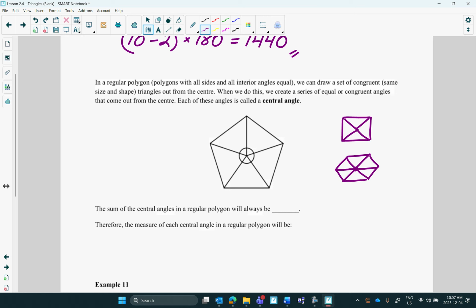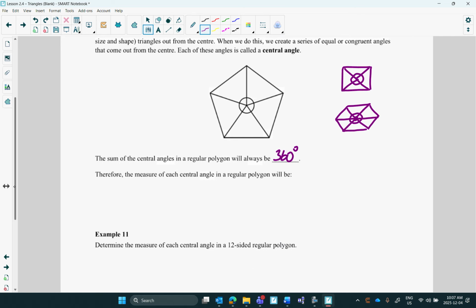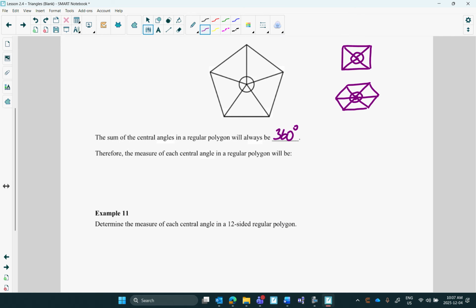And you're right, the sum of these 4 angles, or sorry, in this case, these 5 angles here, these 4 angles here, these 6 angles here, will always be 360 degrees, because it adds up to a complete circle. How do I find each one? Just divide by how many triangles there are. In which case it's 5, which happens to be the number of sides.